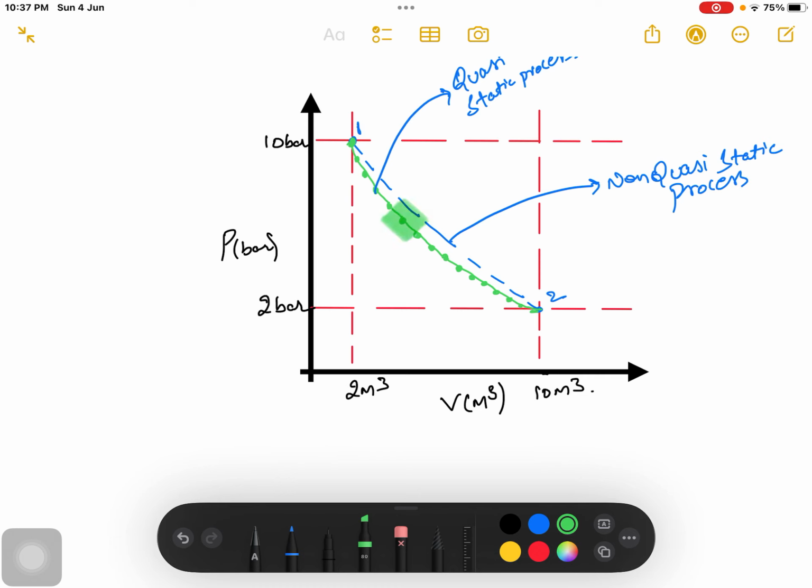As I told you, when I am removing the crystals grain by grain, all these are equilibrium states.